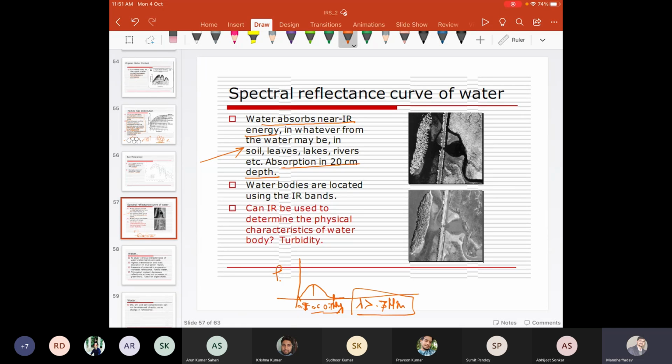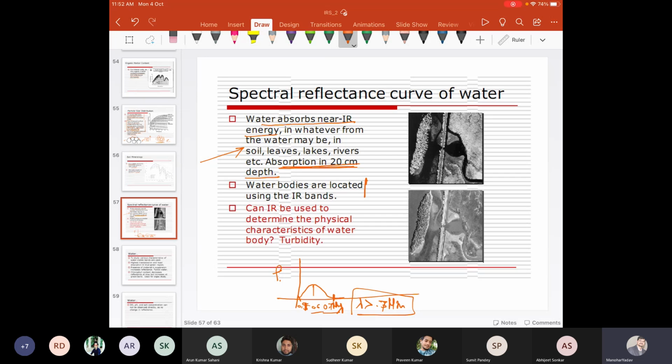And in whatever form it is present, like in a lake, river, with leaves, or within the soil, there is absorption in 20 centimeter depth. We can say that it is transmitted till 20 centimeter and then it is absorbed.